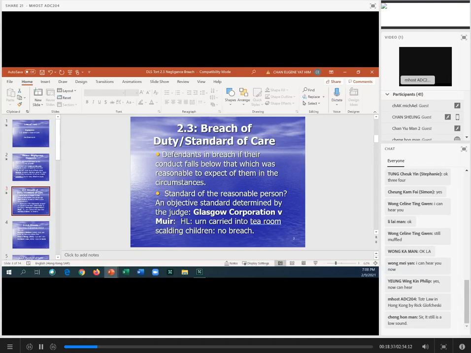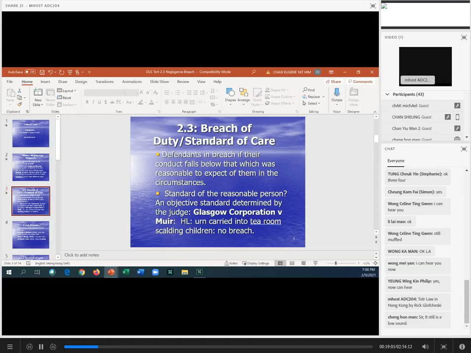You'd have to clear the whole building of everybody every time the tea urn went into the room. And so the court said that is simply too much. So the courts are not going to impose unreasonable standards, or another word is onerous standards. They will be reasonable.